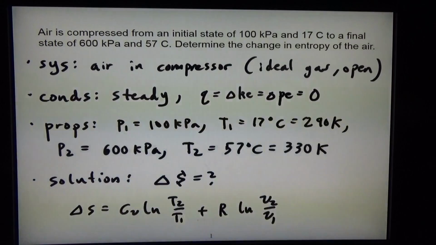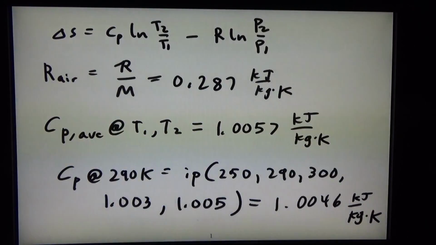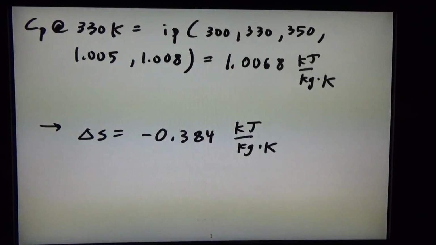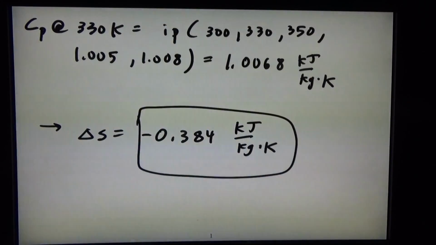So let's just say that we change this to determine the change in specific entropy of the air. So we'll just make our little change right there. And instead of looking for delta S, we're just looking for delta s lowercase. So the number we found using the ideal gas delta S equation is right here.